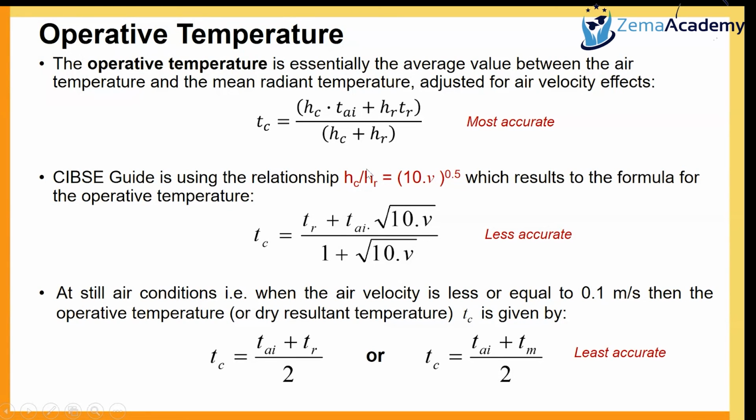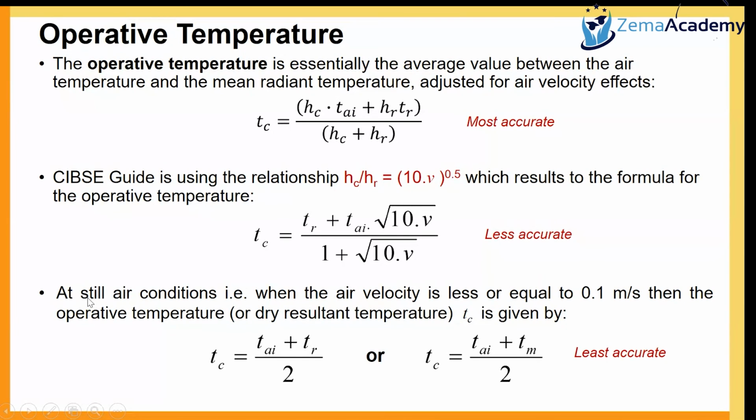Okay, so this second formula is slightly less accurate than the top one. Again, by looking at this equation, we need to know the velocity v for each of the spaces, and that's where again another assumption comes in.